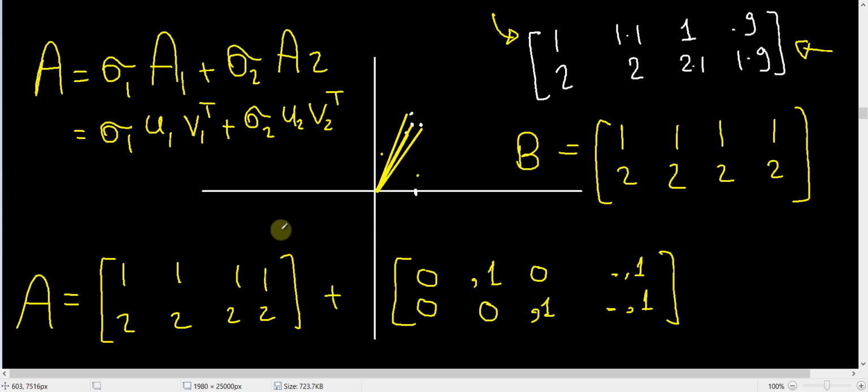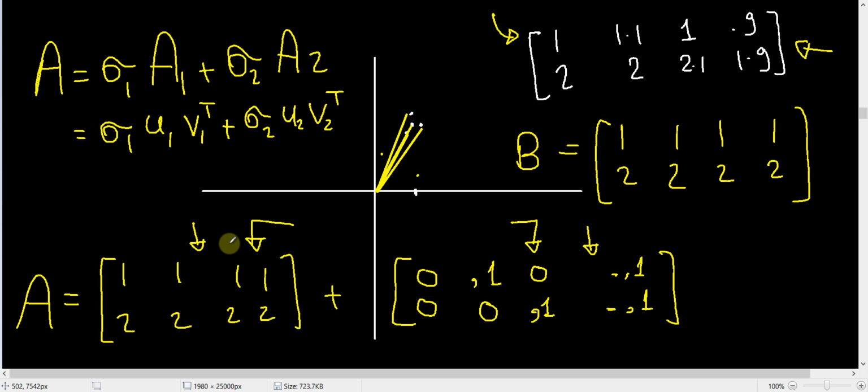Now this is a rank 1 matrix while this is a rank 2 matrix, so this is not a valid singular value decomposition. But you might expect that a valid singular value decomposition will tweak those values a little bit until this also becomes a rank 1 matrix and this remains a rank 1 matrix, and this matrix will be very similar to the original matrix.